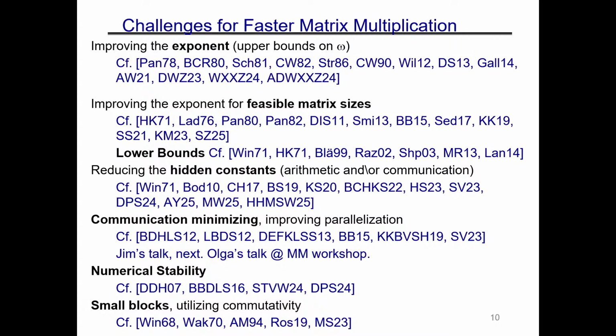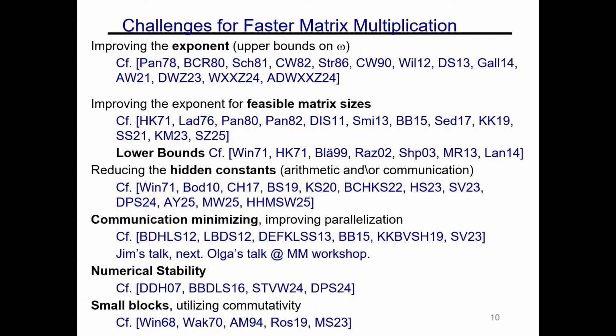Okay, so this is the list we are looking at. How to improve the exponent, the upper bound on omega, that we are doing in the more theoretical part of this workshop. And this represents what we need to do if we want to have actual practical fast matrix multiplication algorithms. So what do people do?